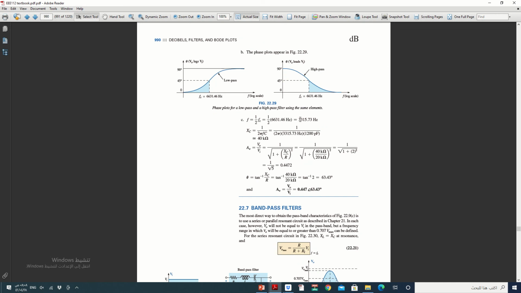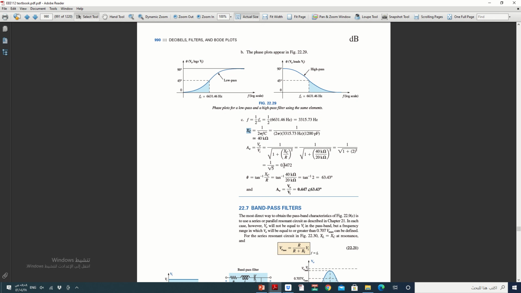You will get 3315. Now, you can substitute the frequency in this formula because we have the value of capacitance. You will get the reactance of the capacitor, which is 40 kilo ohm. Now we can substitute in the formula. You will get the value.